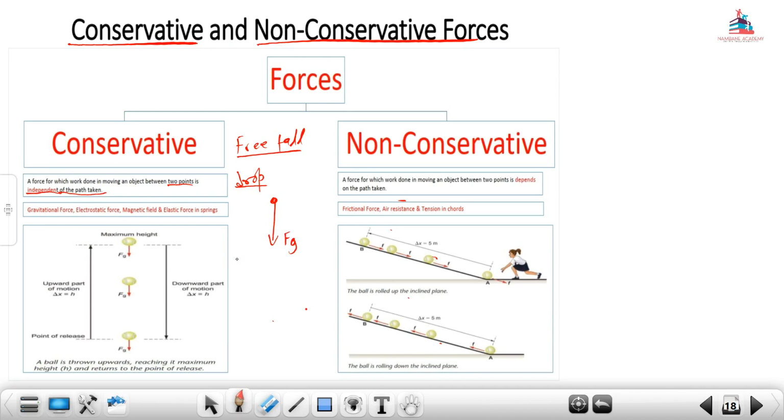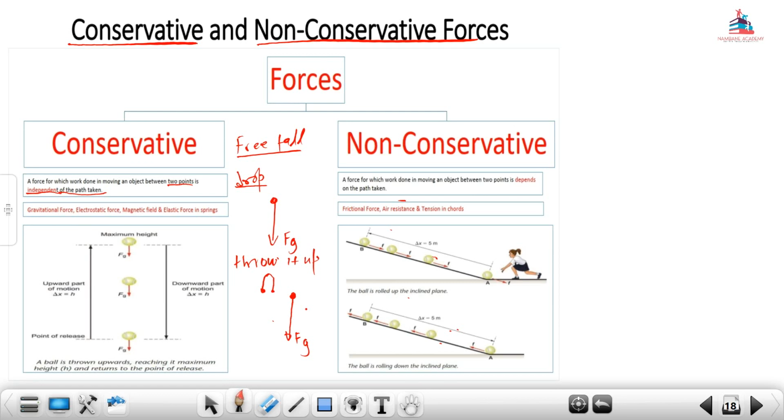But what if I decide to throw it up? If I throw it up, it will go up and then come down, and let's say it returns to the starting position. But the direction of FG, whether it is going up or down, is in the same direction, which is downwards.